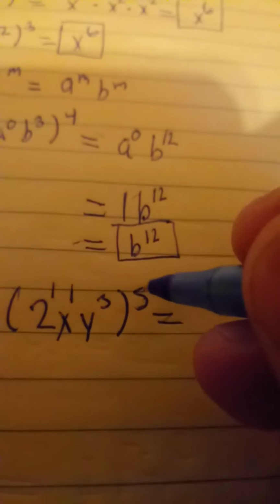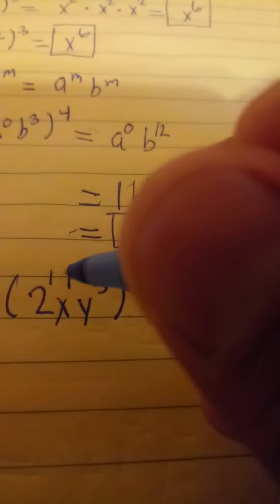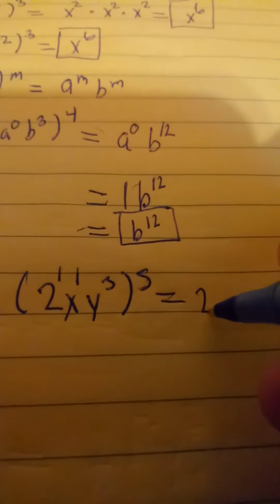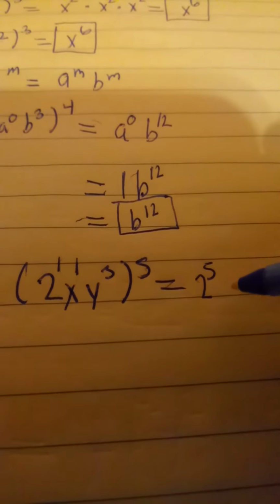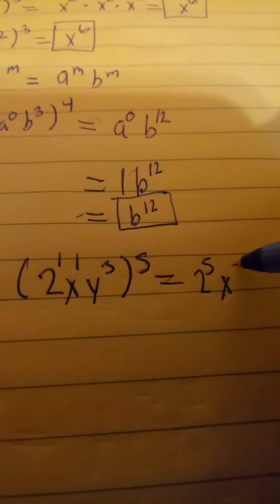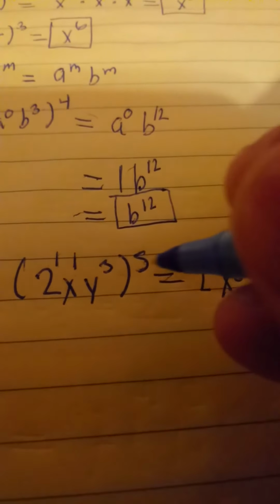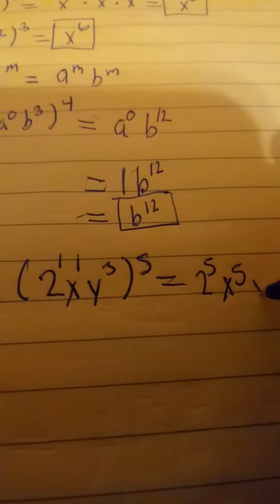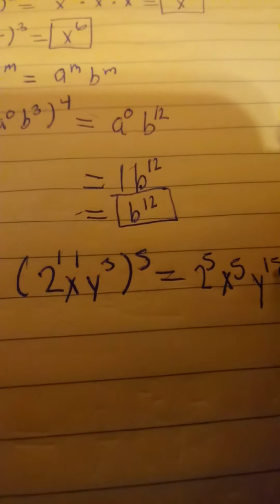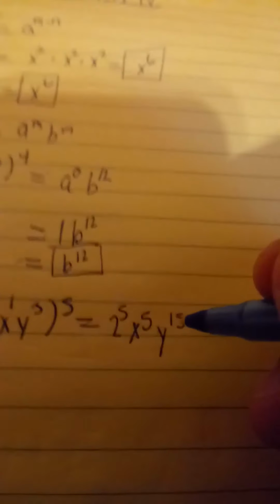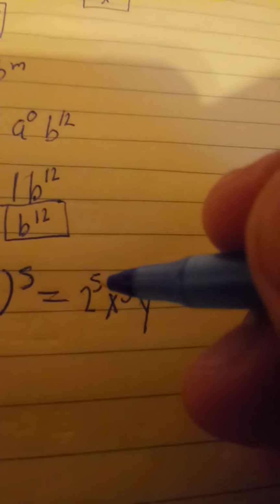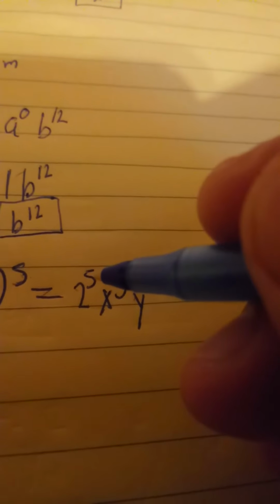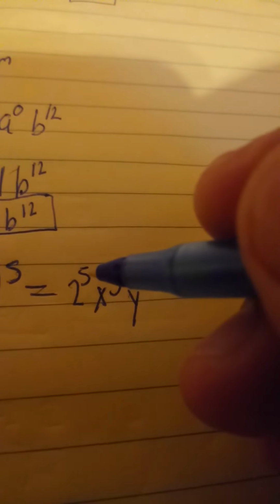So you're going to have 5 times 1, which will be 5. So it'll be this 2 raised to the 5th. Same thing with the x raised to the 1st. This will be now x to the 5th. And the same thing with the y. 5 times 3, y to the 15th. Then we're going to multiply this, 2 raised to the 5th. So remember, that's 2 times 2 times 2 times 2 times 2.